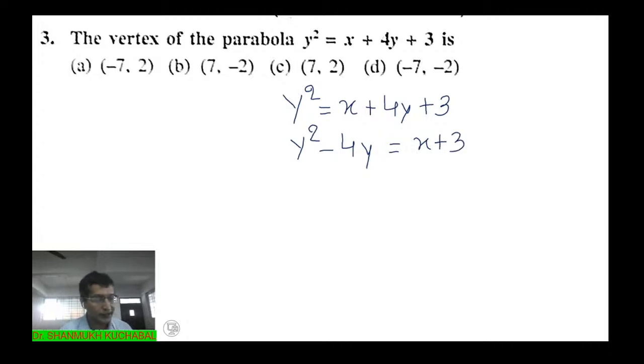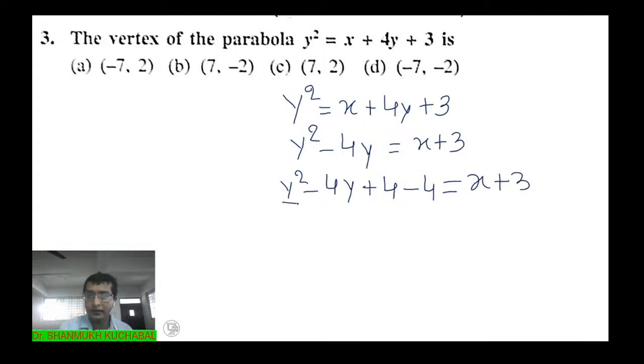Using completing the square, we simplify the LHS. For y square minus 4y, we divide the coefficient minus 4 by 2 to get minus 2, and square it. Minus 2 square is plus 4, so we have added an extra 4. In order to balance it, we have to subtract 4, and this is equal to x plus 3.